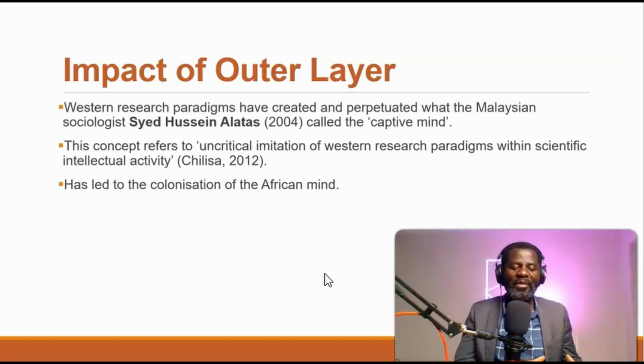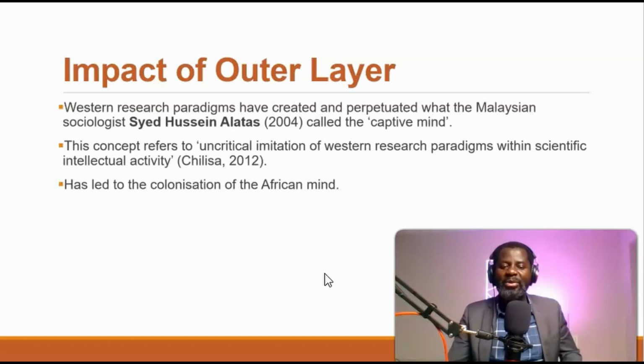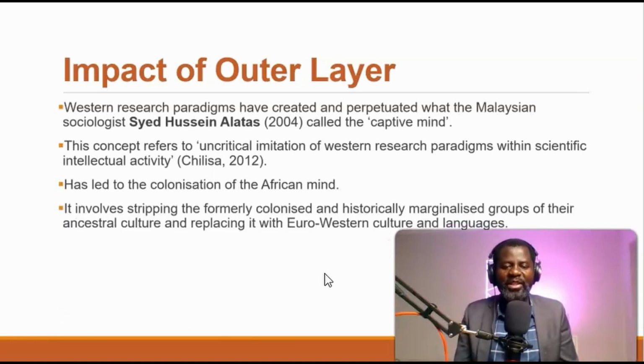Apart from subjugation of the territory of the land, because of scientific colonization, the outcome has been the colonization of the African mind, which just follows Western ways of doing without questioning how those research methodologies impact on the outcomes of the research that is conducted. It involves stripping the formerly colonized and historically marginalized groups of their ancestral culture and replacing it with Euro-Western culture and languages.